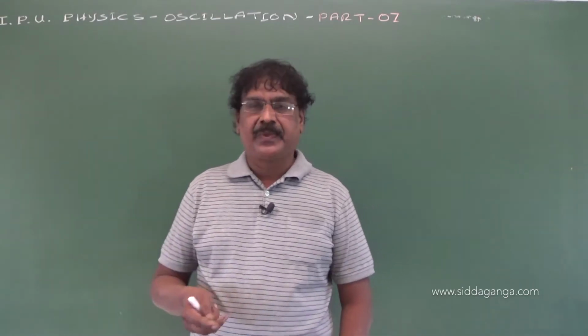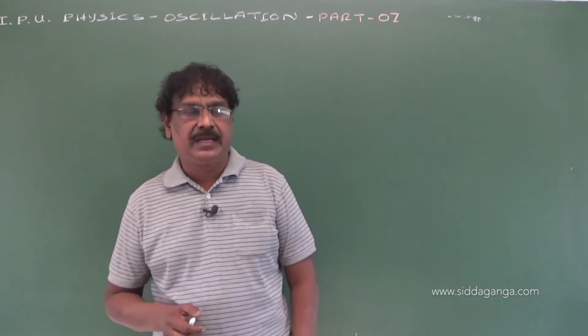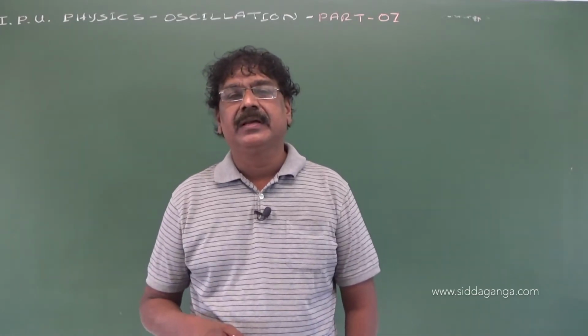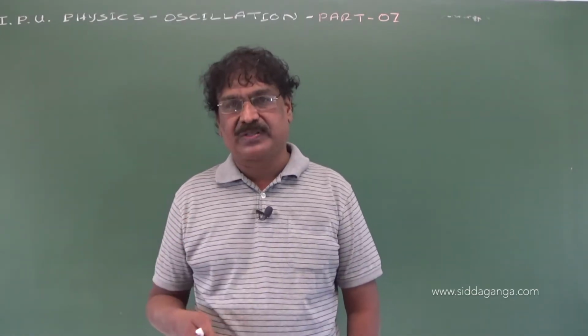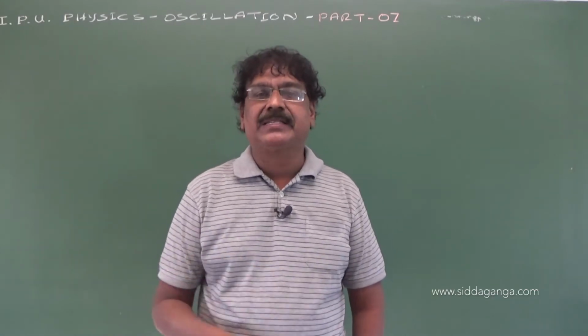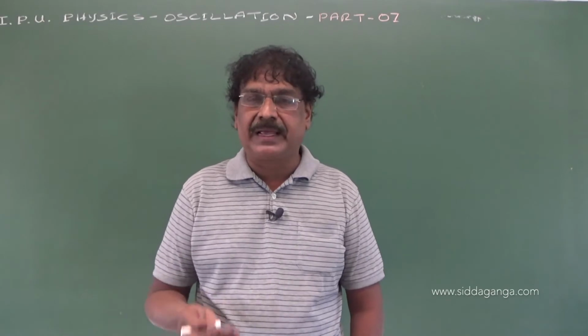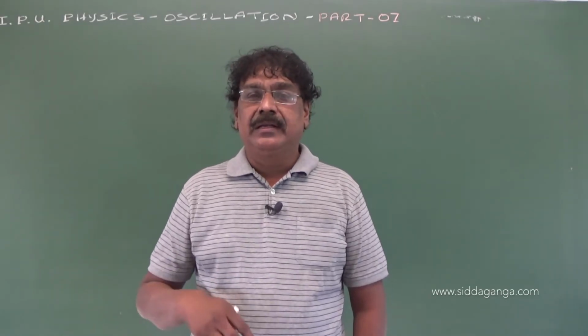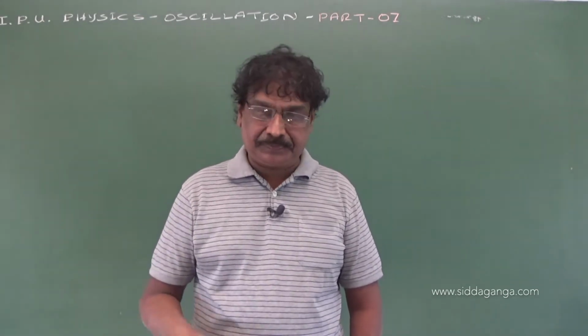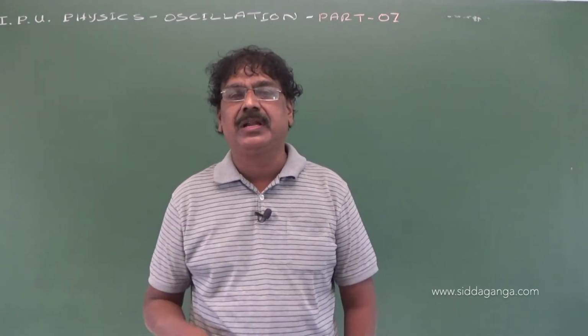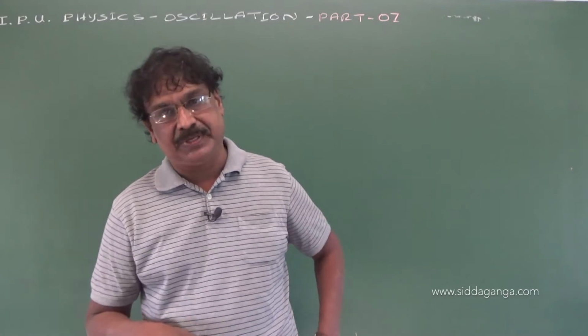Generally, whenever a body is in its mean position or equilibrium position, sometimes a force displaces the position of the body or a particle, and sometimes the body may come back to its initial position or equilibrium position.